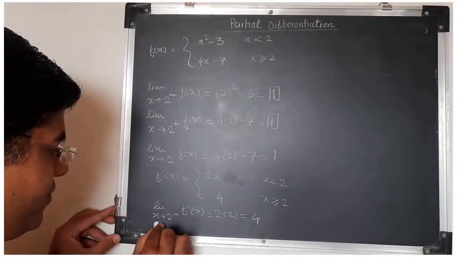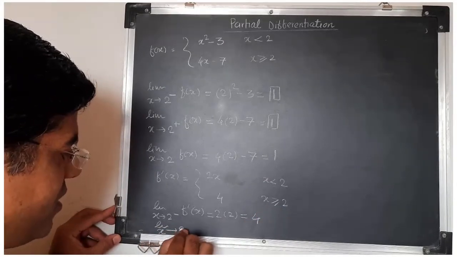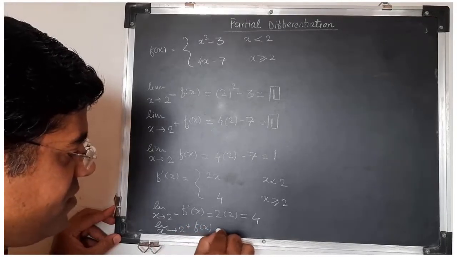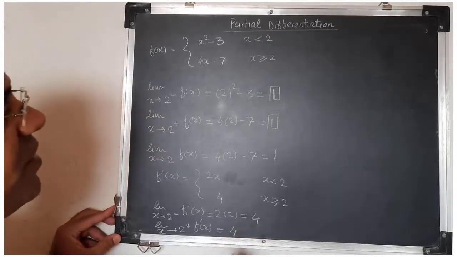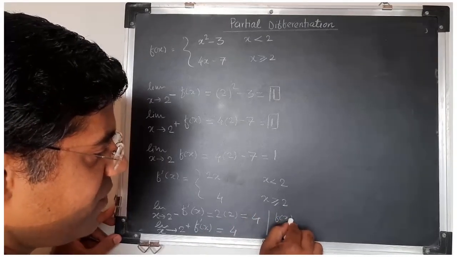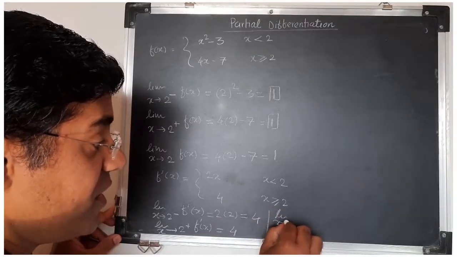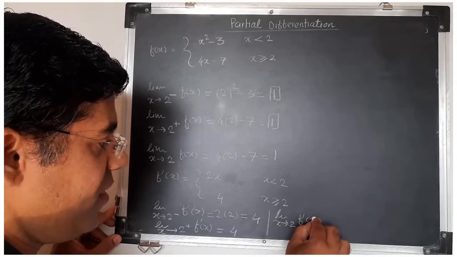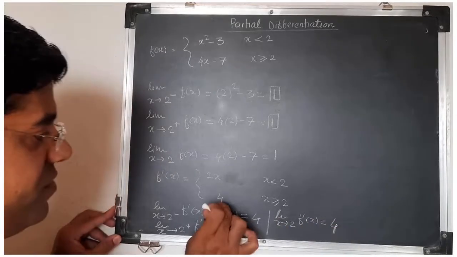And the limit from the positive side, f dash of x, is 4. Again we have to check the equal condition, so f dash of x at x equal to 2 is also 4.